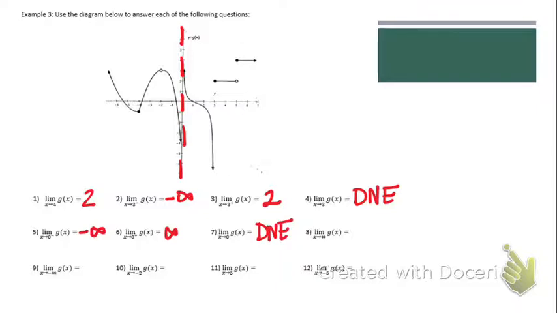Now, this says positive infinity. So what this is asking you is the far right arrow, which would be this arrow. This is the far right arrow.